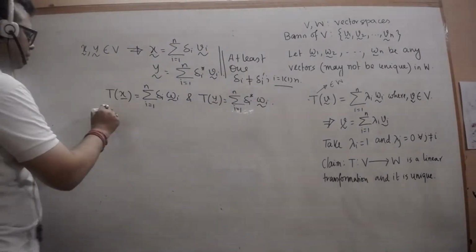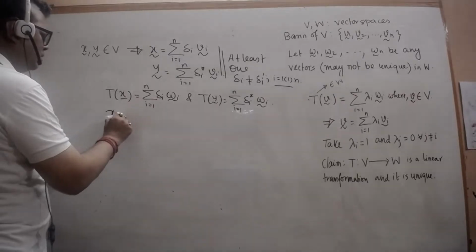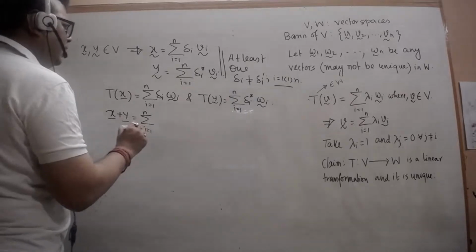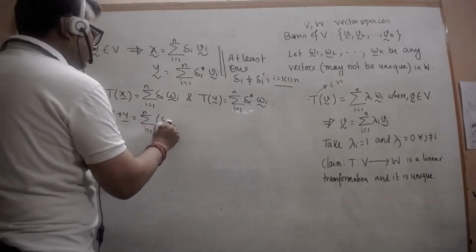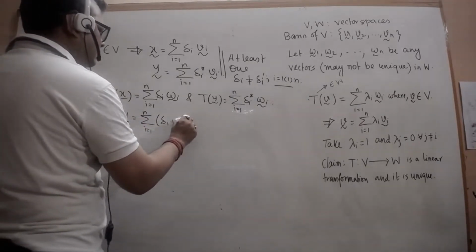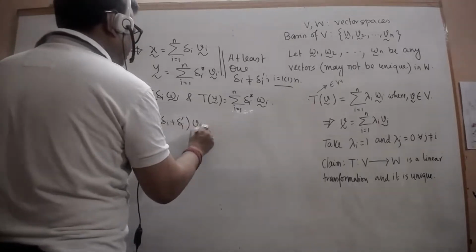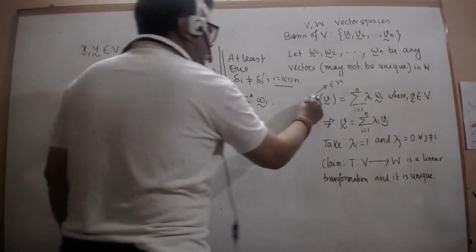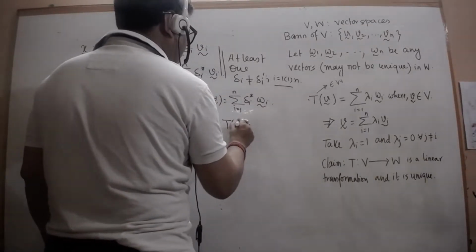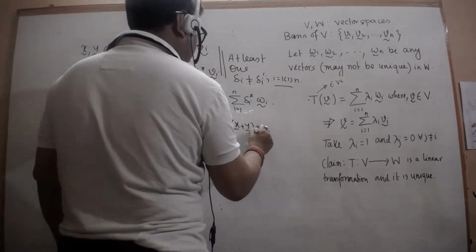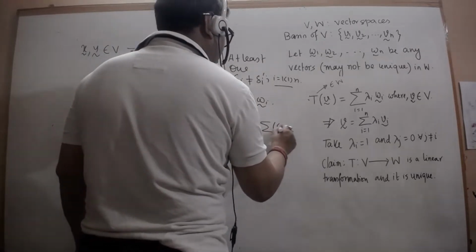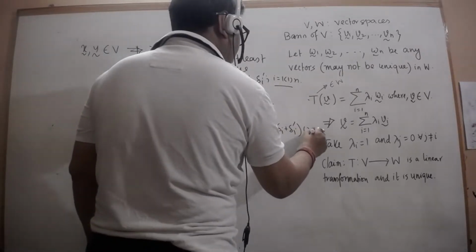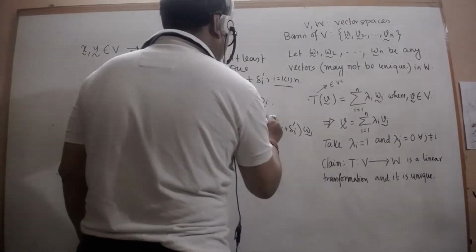Now, x curl plus y curl is equal to the sum over i from 1 to n of delta_i plus delta_i dash times v_i curl. So according to this definition, T(x curl plus y curl) is equal to the sum over i from 1 to n of delta_i plus delta_i dash times w_i curl.